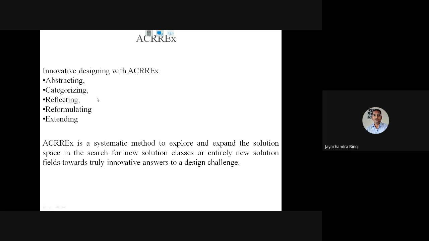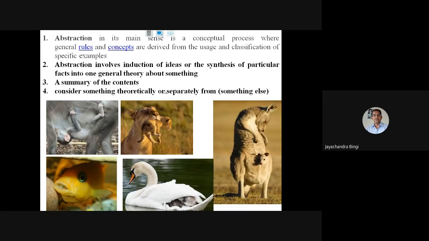So what does abstracting mean? When you look at something, as in that video you must have seen, you look at different objects like this. In this you find an event is going on. That means the cub may be holding onto the mother, or the mother is holding the cub.